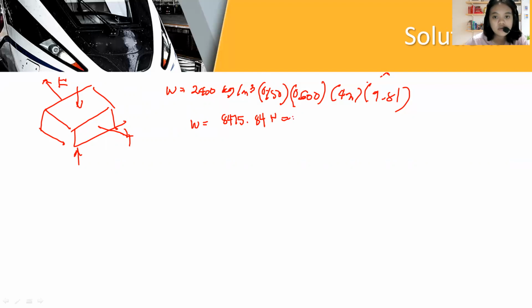So this is also equal to the normal force, and then friction force, which is equal to mu N. Yung mu natin is 2 pa din. So multiplied by 2 natin to, which is 16,951.68. And tension force is equal to the friction force.